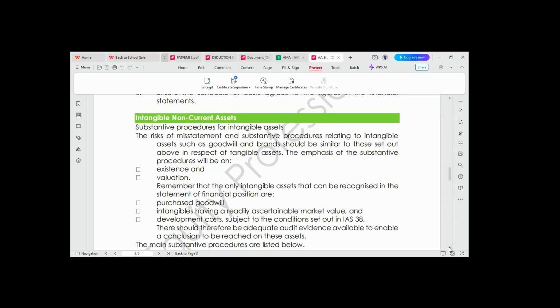If these are the intangible assets that have been recognized, then all those principal risks we discussed: risk of existence, risk of rights and obligations, risk of valuation, completeness, and also presentation and disclosure that we discussed for the tangible non-current assets, are also applicable to these ones. That is what we meant by that.